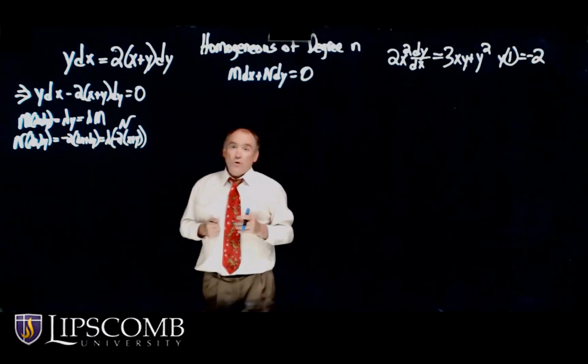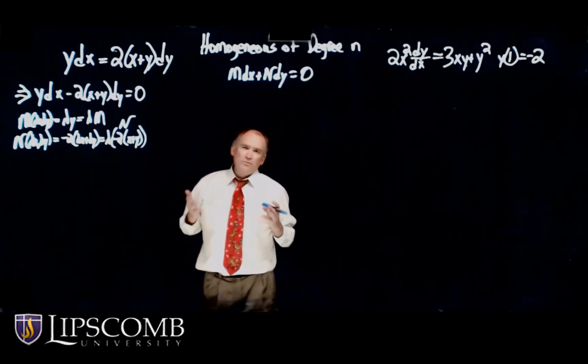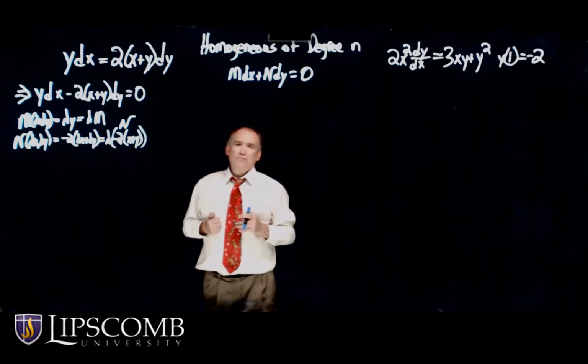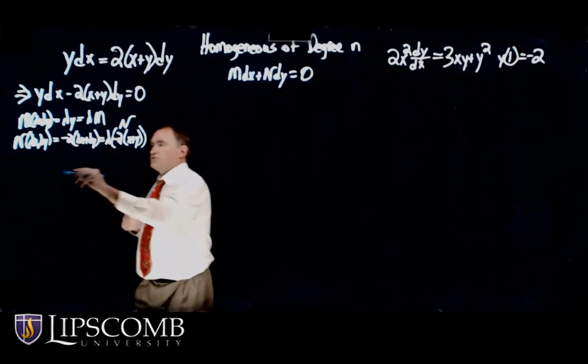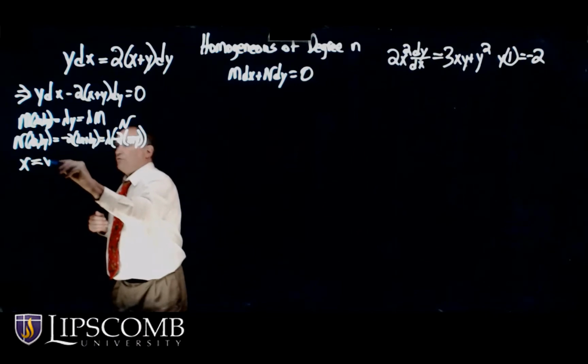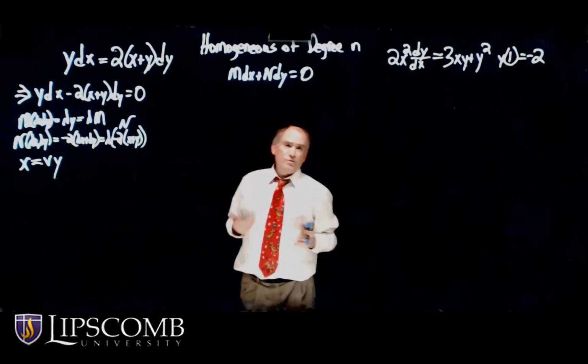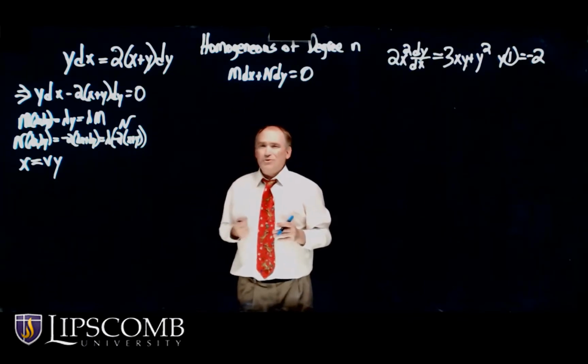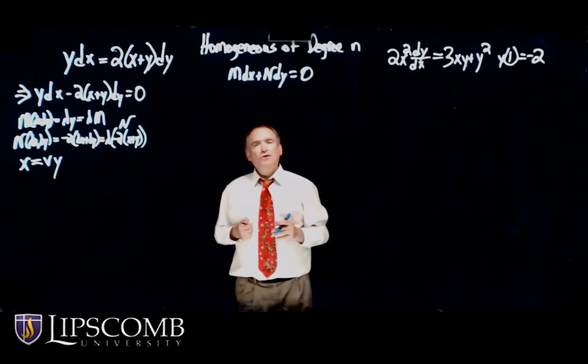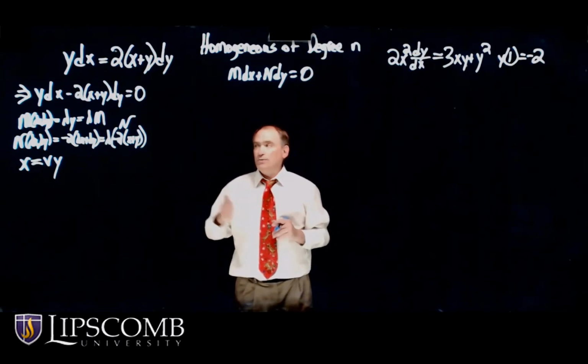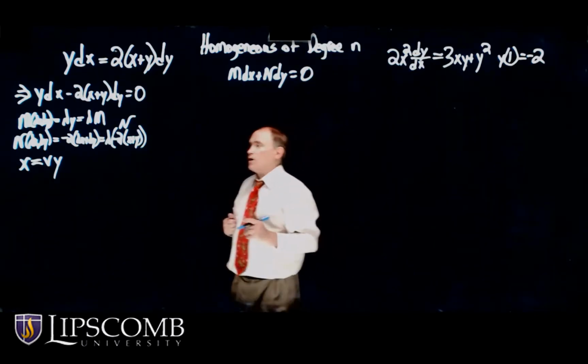Obviously y is much easier or simpler looking. So therefore, I'm going to use the substitution x equal to vy. Now, I'll be honest with you, it wouldn't have been that much harder to use the other one, y equals vx, but let's go with what we said. It's simpler, so let's use x equal vy.